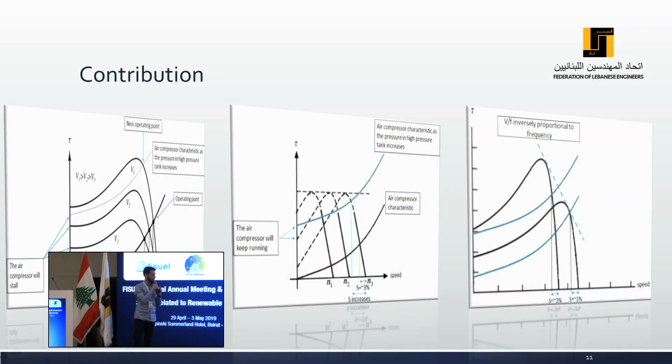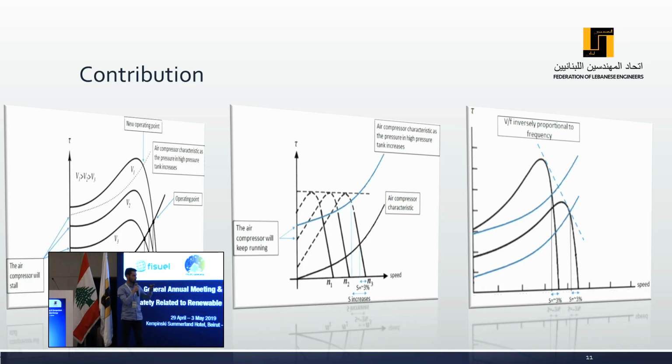We use the V over F equal constant control method for the air compressor motor because when the irradiance drops, the motor will stall. But with the V over F equal constant method, we control the frequency, hence the speed of the motor, in such a way that the torque stays constant.